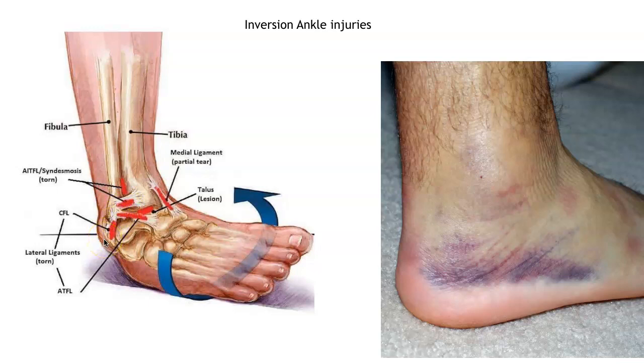Go ahead and do inversion on yourself. All the stress is lateral. So this is what an ankle sprain would look like. This is the lateral part of your ankle. You're going to get swelling over here and some bruising on the lateral side of your ankle and foot. Inversion ankle injuries, pretty common.